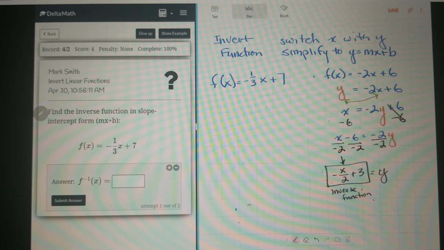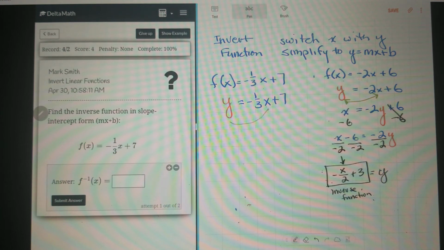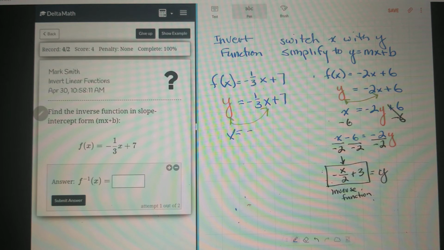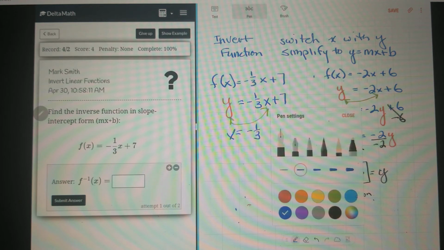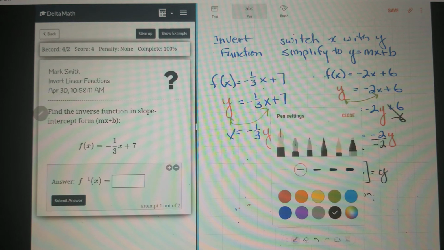First thing we do is change this to y. That was pretty simple. This part's pretty simple too. We just change the places of these two, and we get x equals negative 1/3 y plus 7.